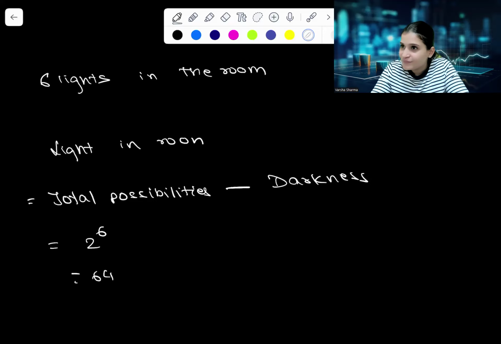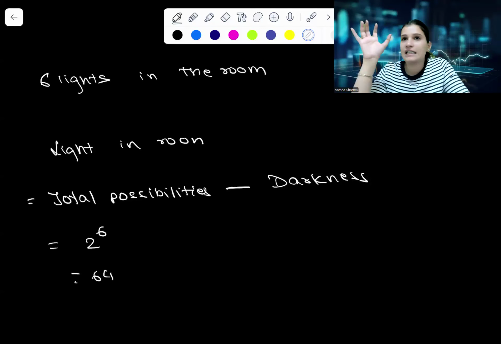Everyone has a room. Look at your switchboards. In how many ways can you use the switches to have zero light in the room? Zero light, no light at all. One time, ma'am. Only one time. Switch off everyone. If I want darkness in my room, every single light has to be switched off.